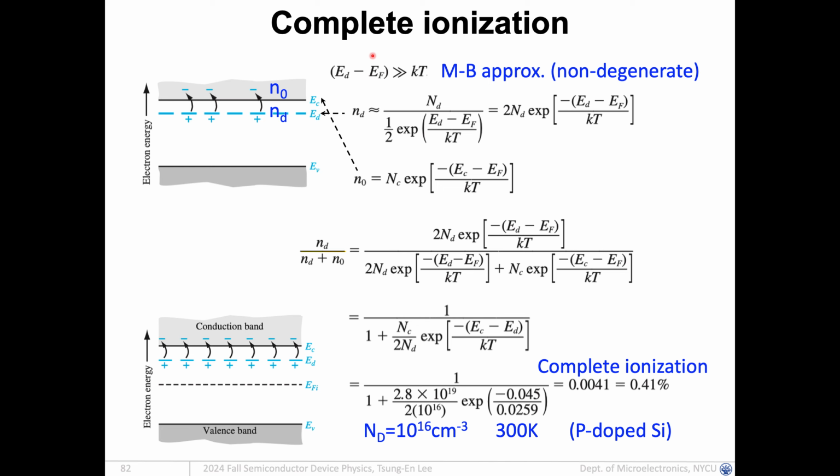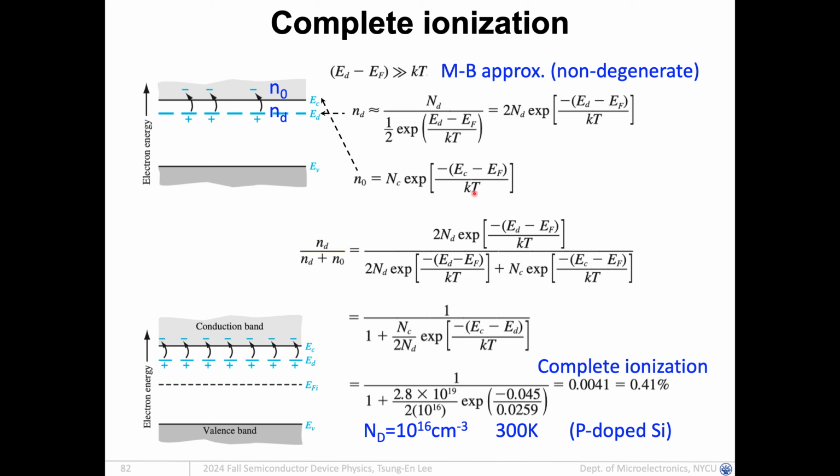So we can calculate the carrier concentration using the probability function for ionization. By deriving the formula, since the binding energy of the donor level is still larger than 3 kT, we can use the Boltzmann approximation. This is the original carrier concentration formula.